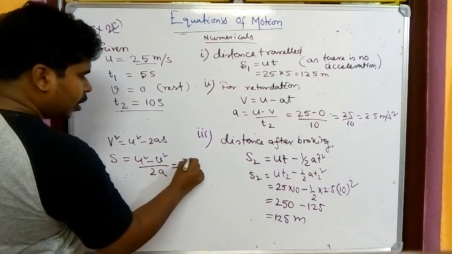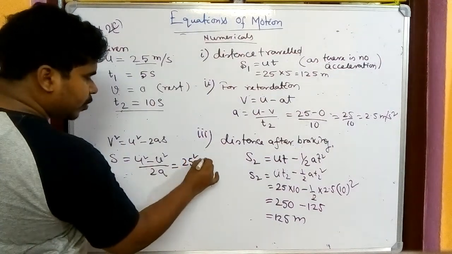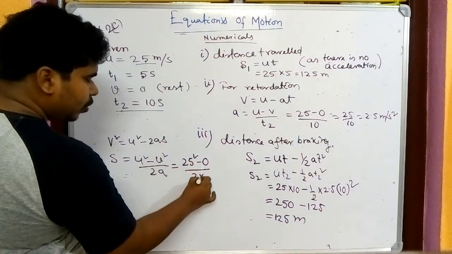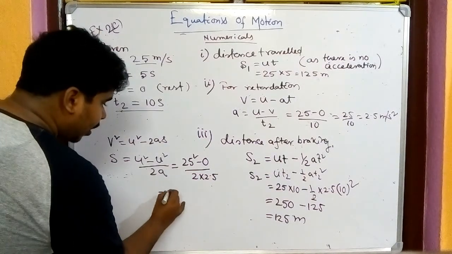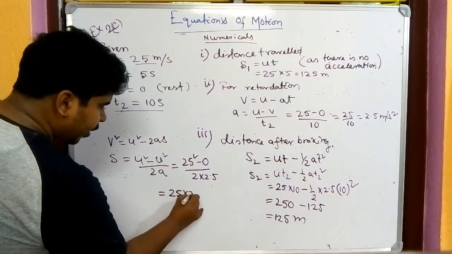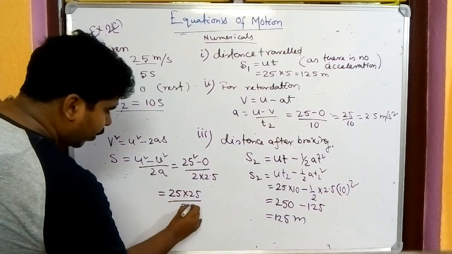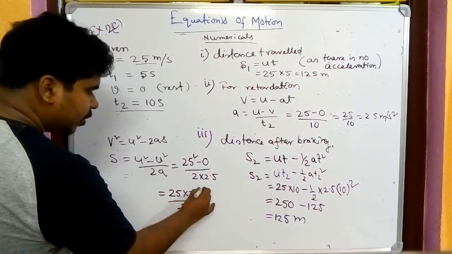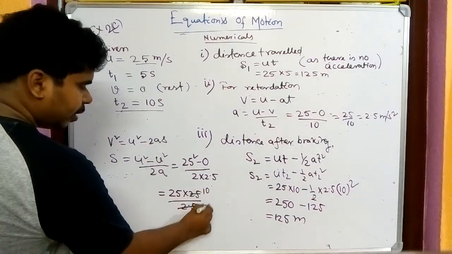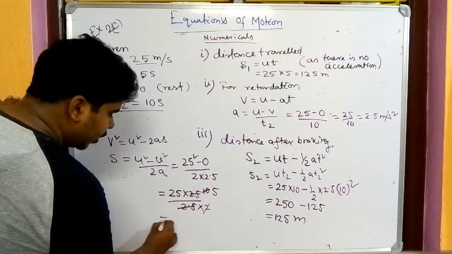U square means 25 square, v square equals 0, 2 into 2.5. So 25 into 25 by 2.5 into 2, which is 125.